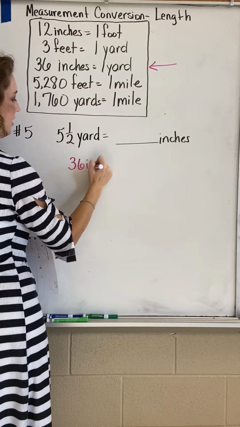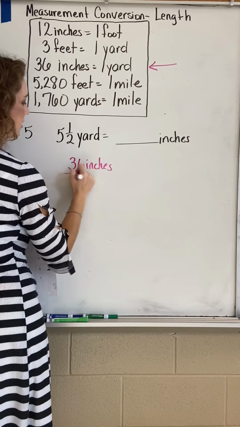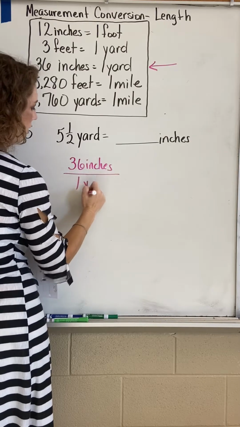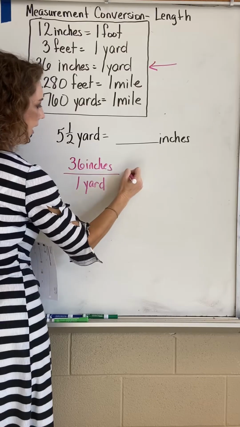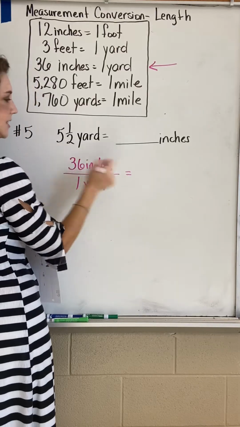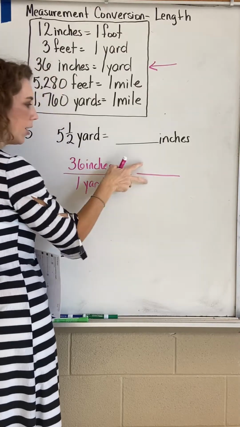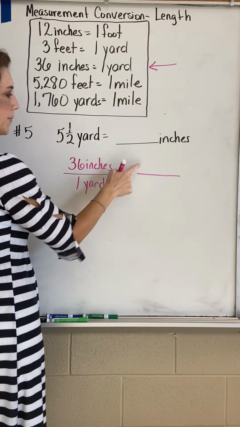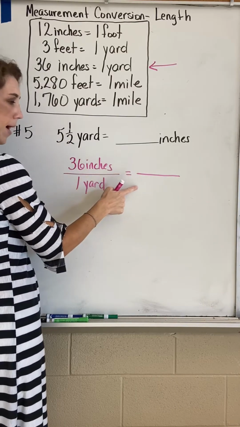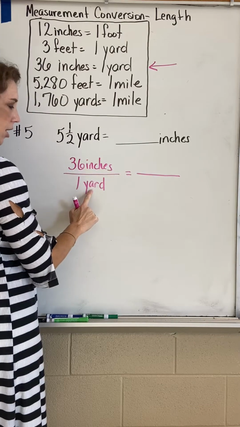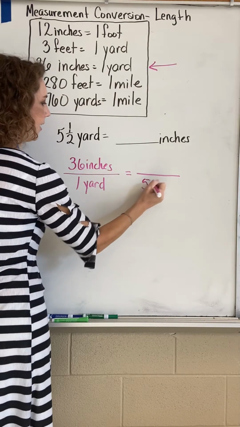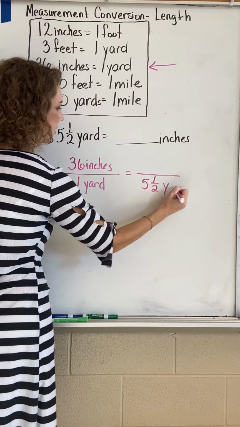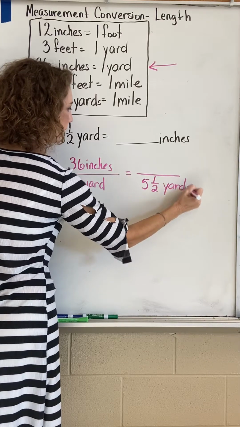36 inches to 1 yard equals, now I'm going to put this on my other side of my proportion. It says 5.5 yards. Am I going to put it on the top or on the bottom? Look, yards is on the bottom, so we're going to put 5.5 yards on the bottom.